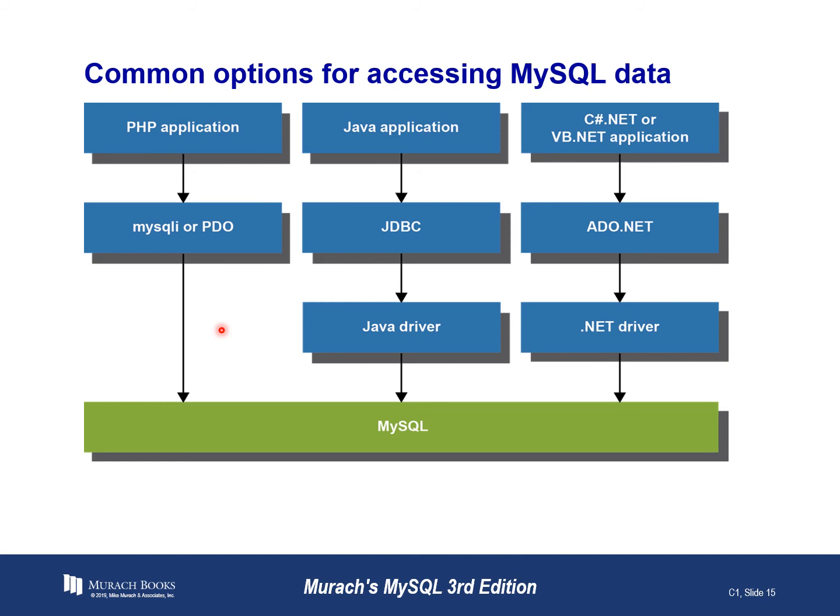As a result, you typically don't need to install the database driver when you use PHP. Some programming languages don't provide a database driver to communicate with MySQL. For example, Java doesn't include a MySQL driver for the JDBC API. As a result, you typically need to install a database driver such as the Connector/J driver before you can use Java to access MySQL. The same thing is true for the .NET driver.